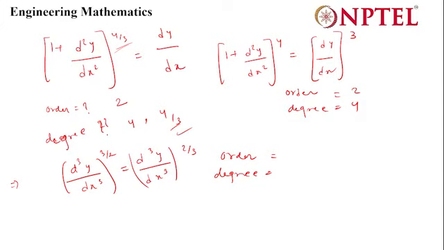Order 3, degree 9. Any other answers? Order is 3 and degree is 36. Order is 3 and degree is 1.